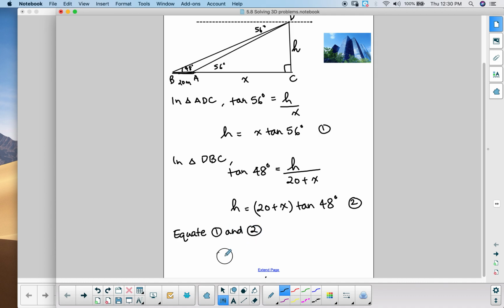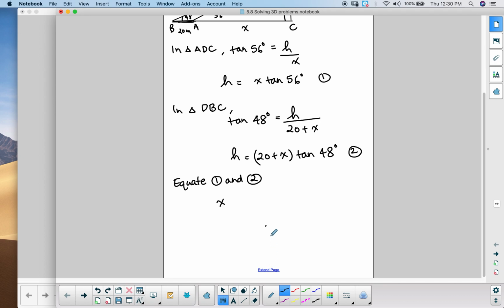So that means X times tan 56 degrees is equal to 20 plus X times tan 48 degrees.